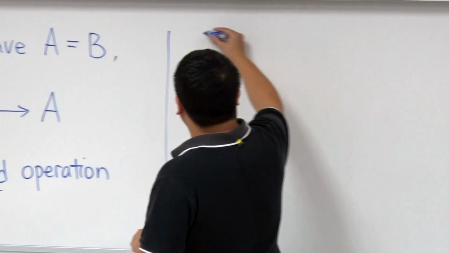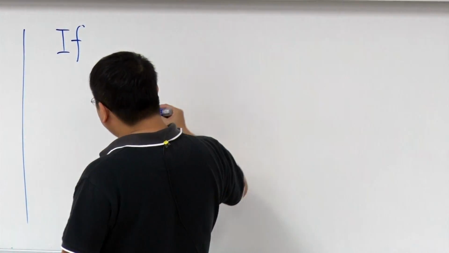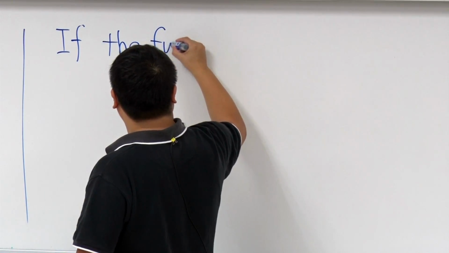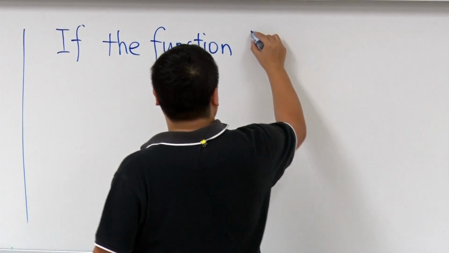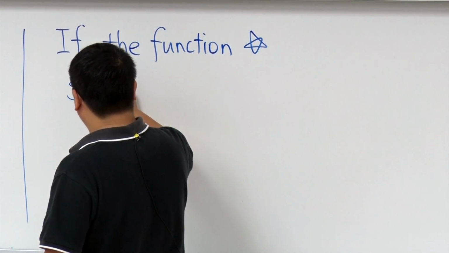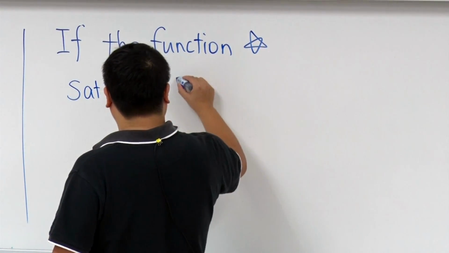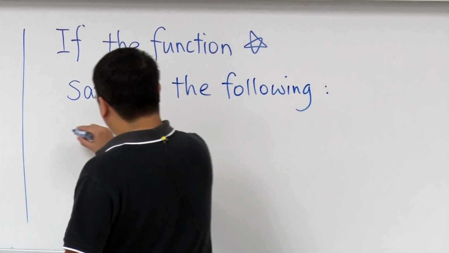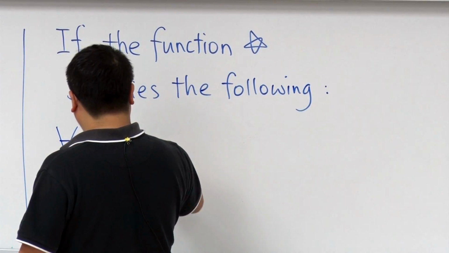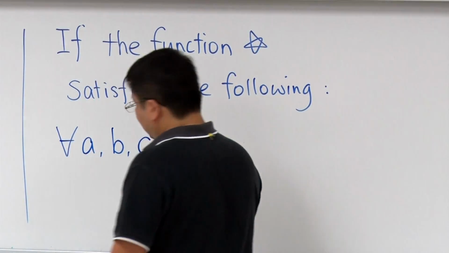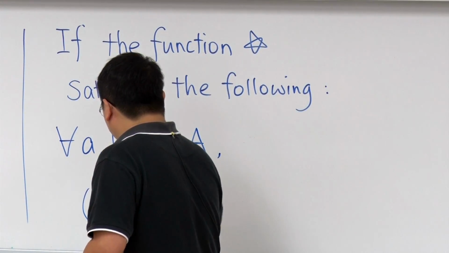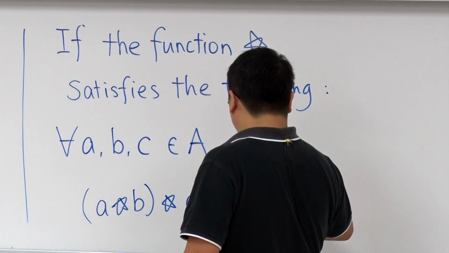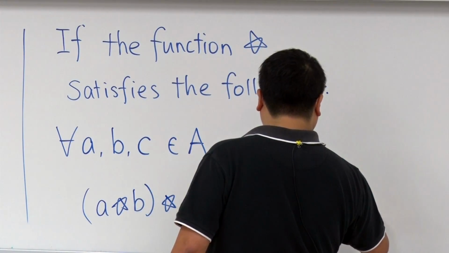And then this is another thing. If the function star satisfies the following: for every a, b, c in A, we have (a star b) star c is equal to a star (b star c).